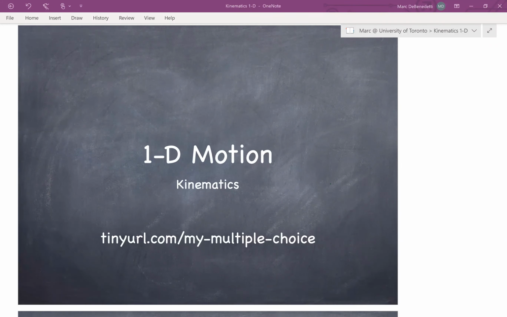So that could be something as simple as throwing a baseball, or landing a rocket ship on the moon, which, by the way, is a lot of other details, but a lot of kinematics as well. And many other things in between, just studying the trajectory of a moving object. So that's what kinematics is.